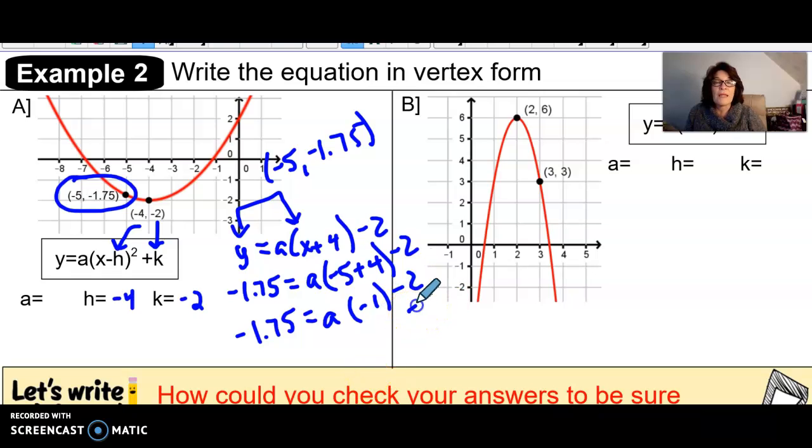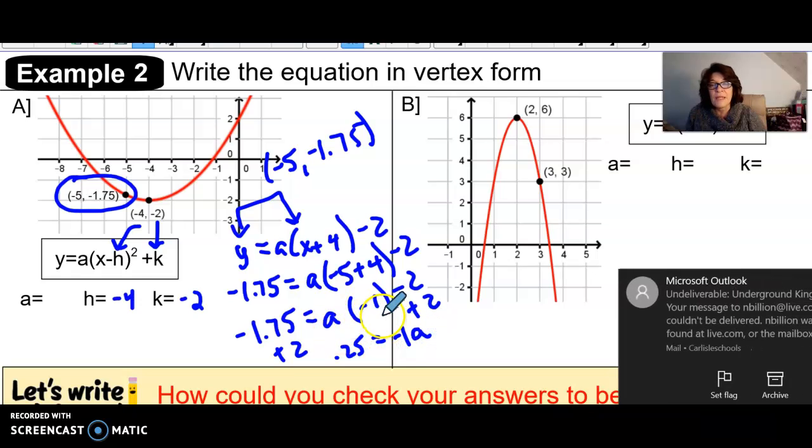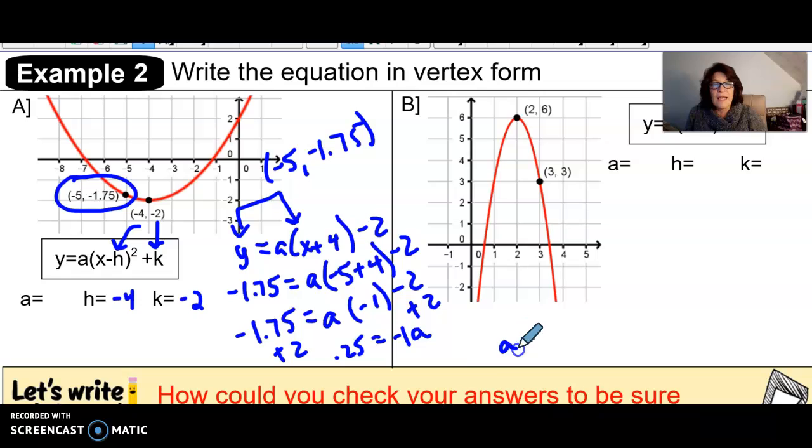I'm going to add 2 to both sides. -1.75 plus 2 is 0.25. I'll use my calculator there. Equals -1 times a. I'm writing -1a. Divide by -1, and you get that a equals -0.25 or -1/4. If you want to write it as a fraction, I prefer a fraction.